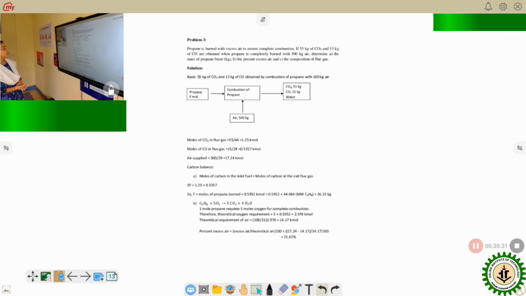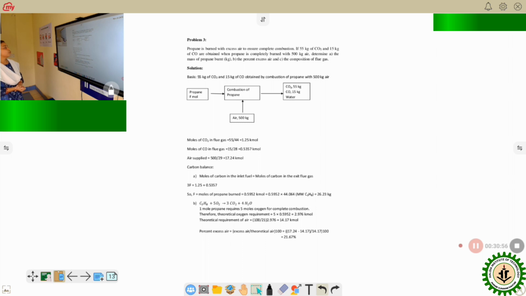you have to first calculate the exit composition in the flue gas, from the 55 kg carbon dioxide and 15 kg carbon monoxide. So the moles of carbon monoxide and carbon dioxide present in the flue gas are to be calculated.